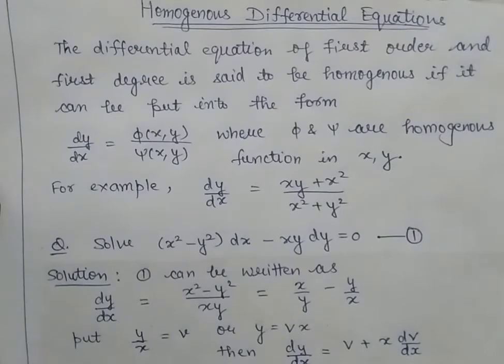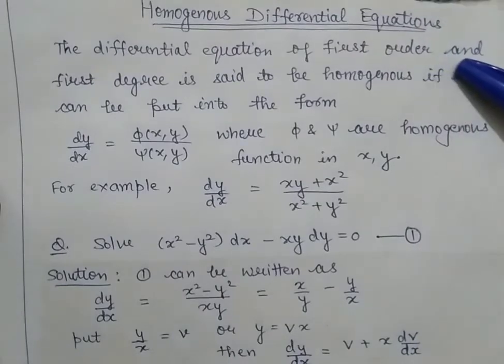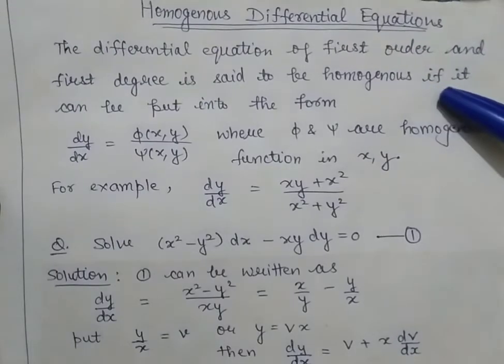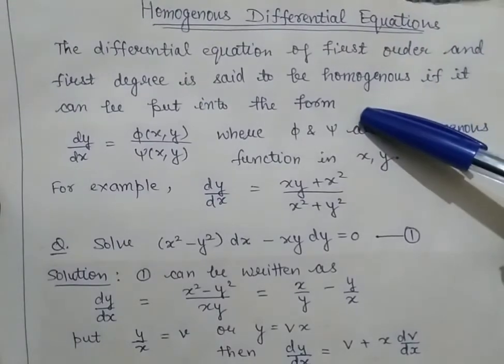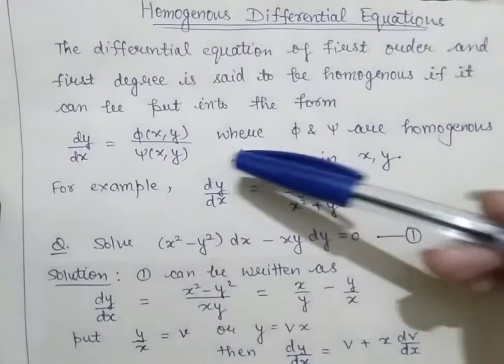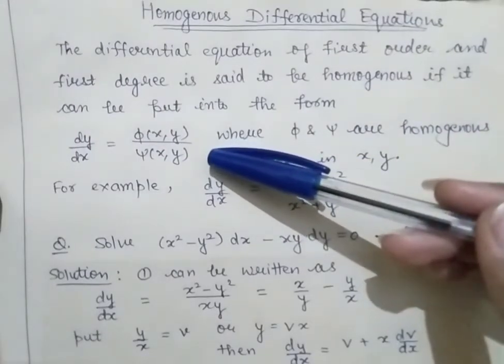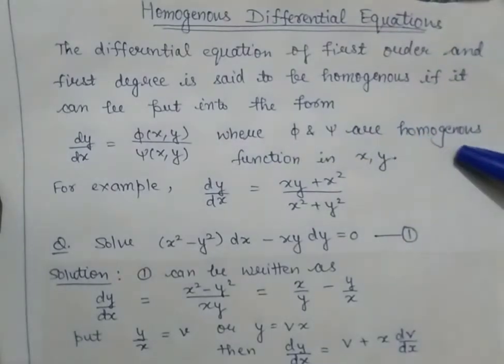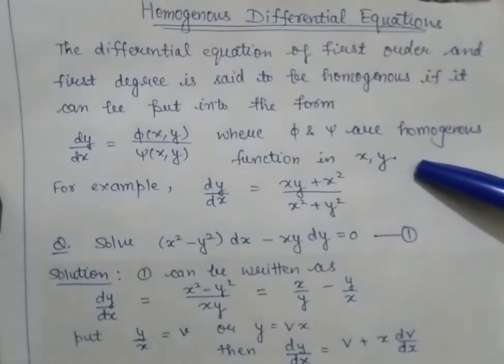The differential equation of a first order and first degree is said to be homogeneous if it can be put into the form dy by dx equal to phi of xy divided by psi of xy, where phi and psi are homogeneous functions in x and y.